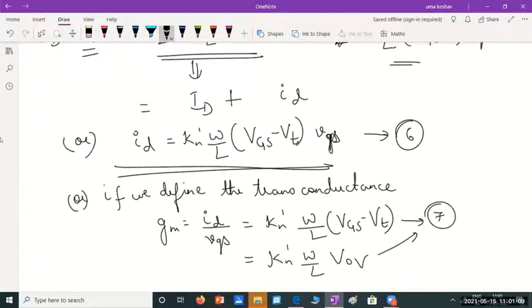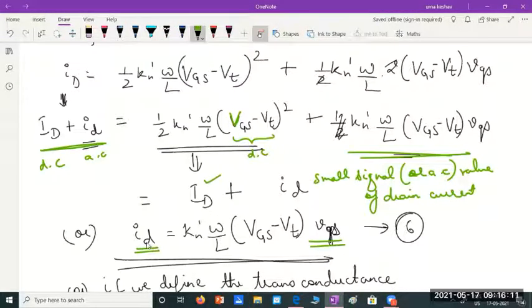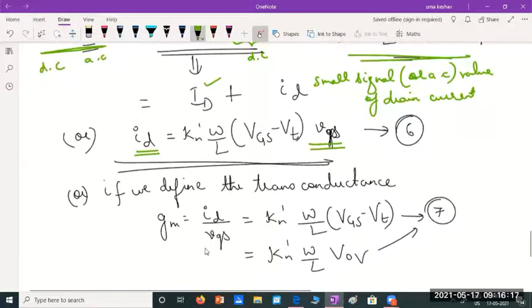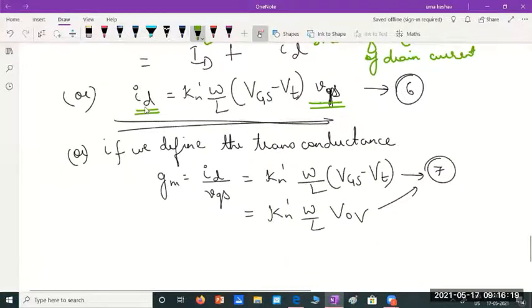So let's stop at this point. We are relating the output AC drain current to the input AC gate source voltage. And if I consider a ratio of current by voltage, we know we should call it a conductance. Since there is a transfer of conductance from input to output side, gate source voltage is input voltage and this is output current.